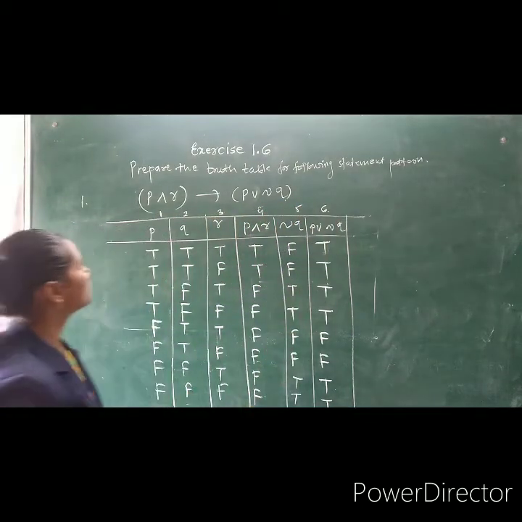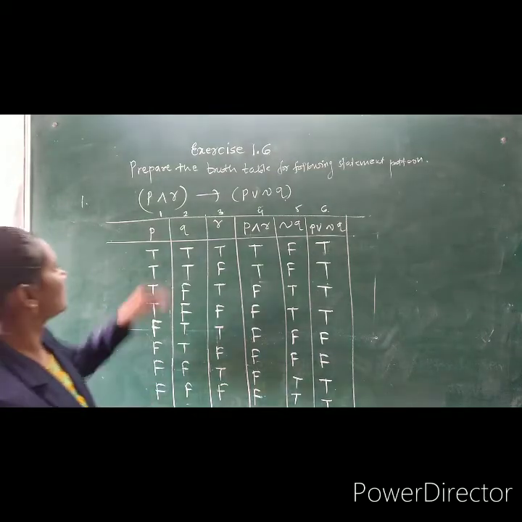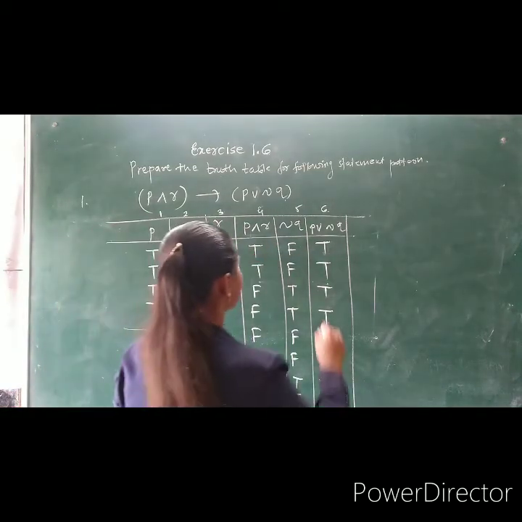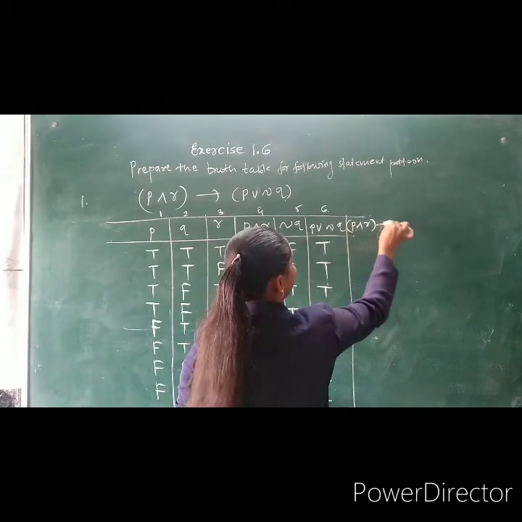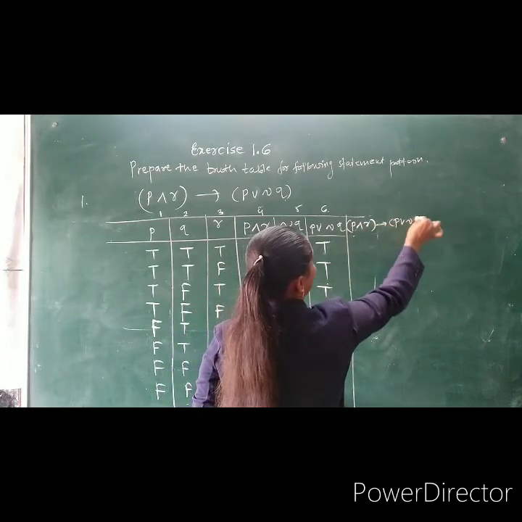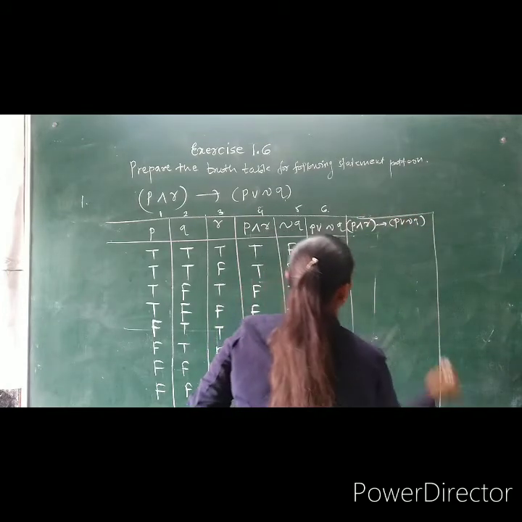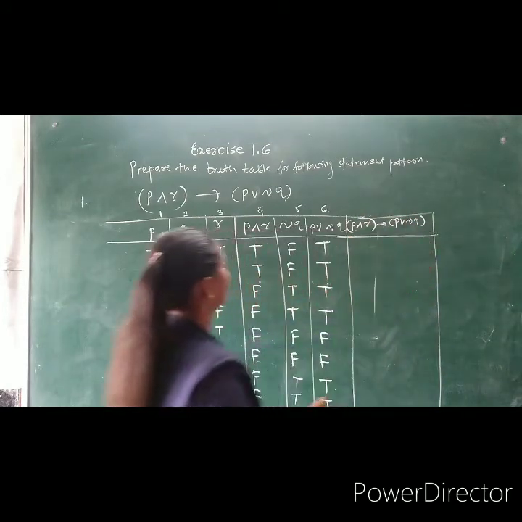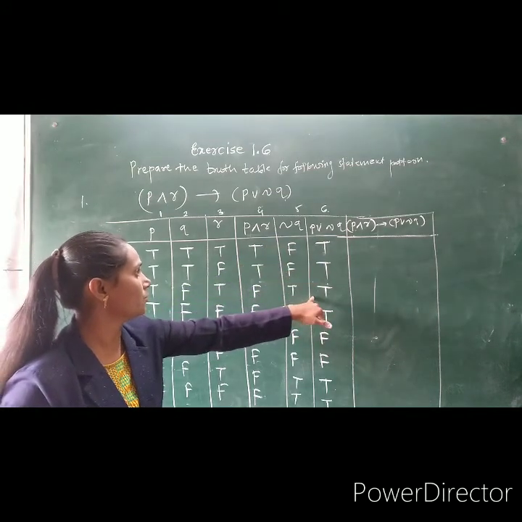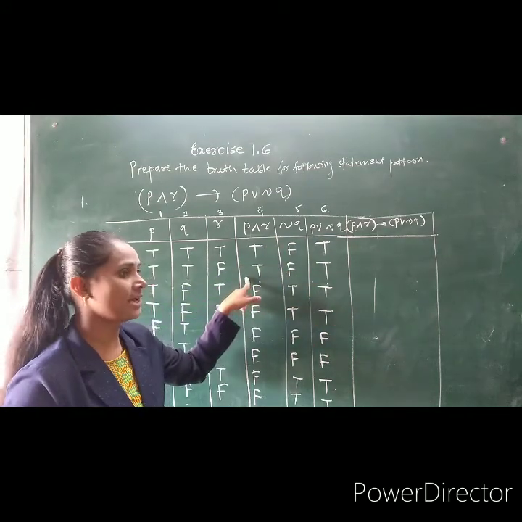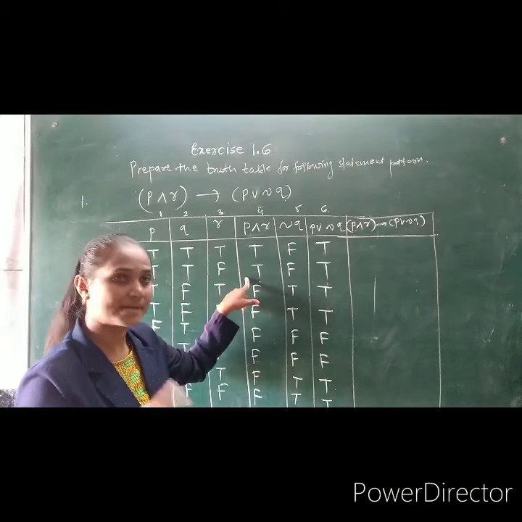Now we have to take implication in between column number 4 and column number 6. That is P and R implication P or negation Q. In implication, if first is T and other is F, then it is F, otherwise it is true.